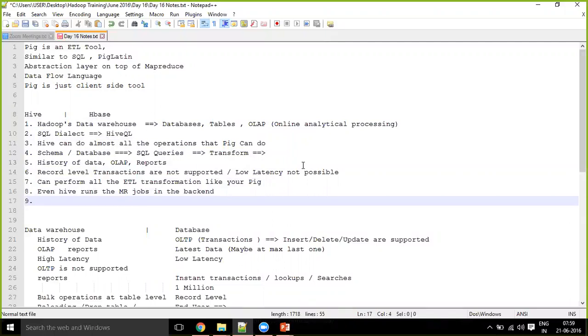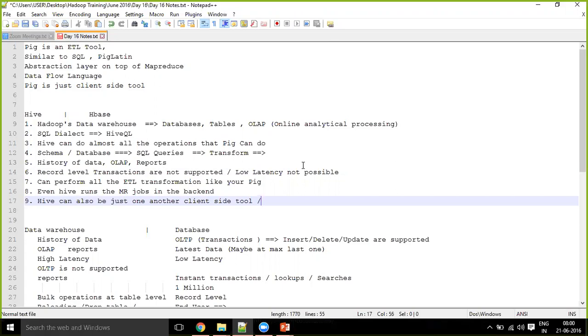Here, Hive can also be just another client-side tool. I'm saying it can also be. So if I want, I can run it only as a client tool itself.